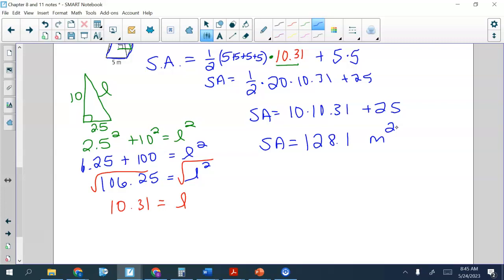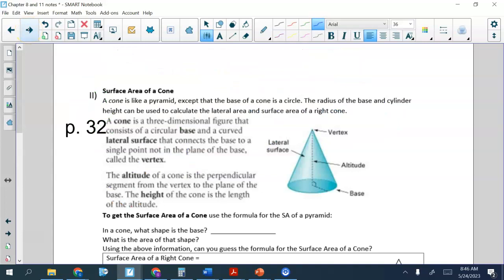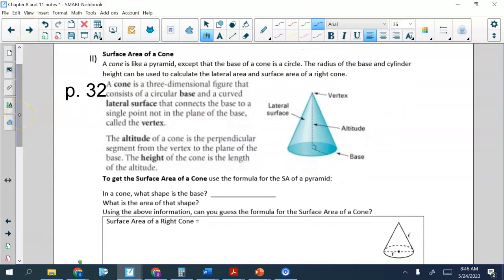Now we're going to look at finding the surface area of a cone. So page 32. So think of a cone as like a sugar cone that you put ice cream in, or like a snow cone. Okay, so we can do this the same way, except that it's circles as your base instead of squares and triangles and things like that.